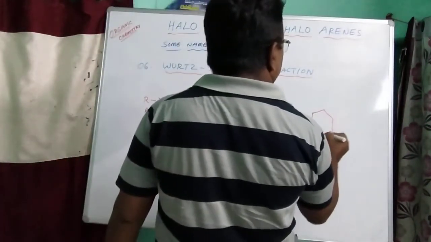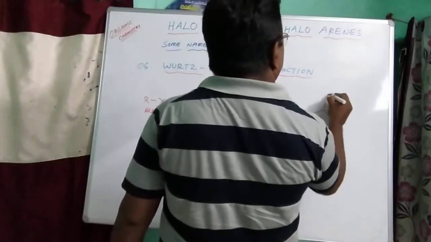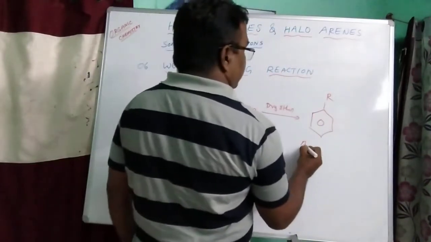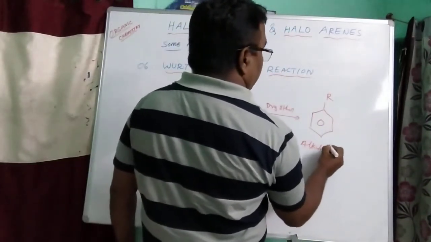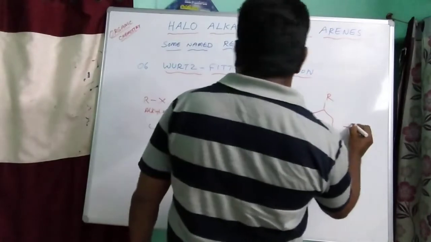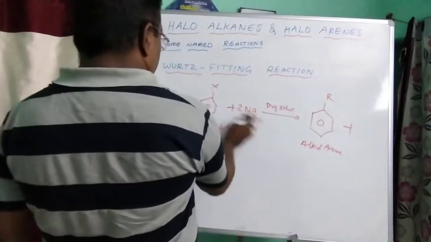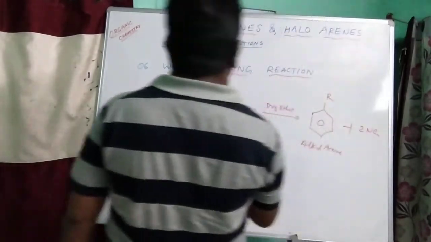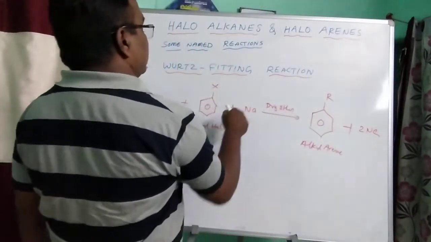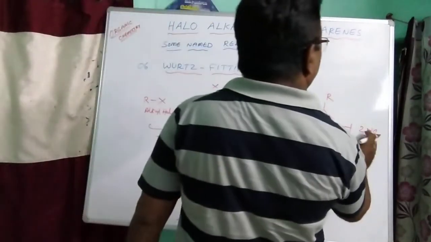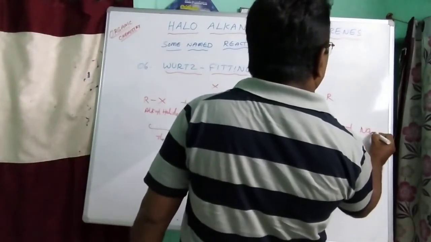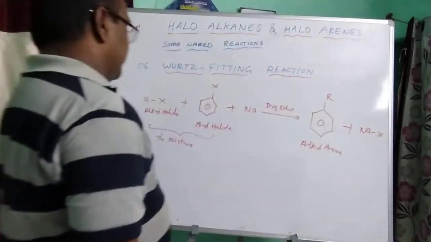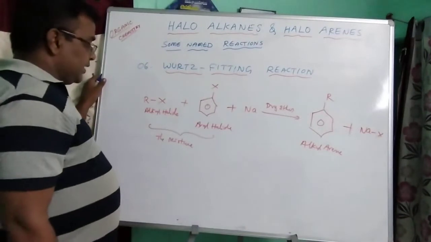This is arene, R is the alkyl group. And 1 mole sodium metal gives NaX, sodium halide.